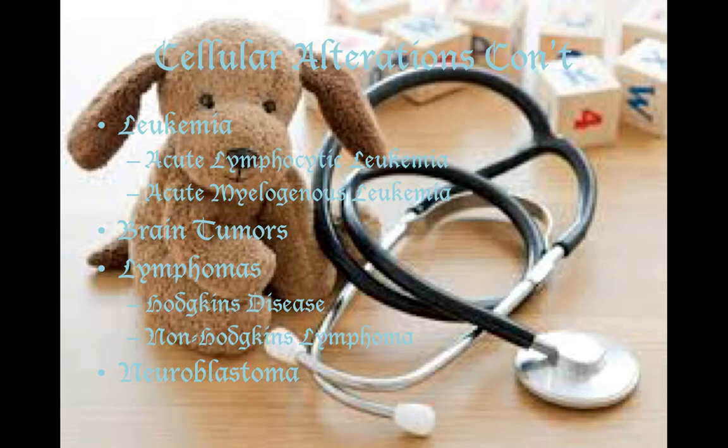Now we'll look at a couple of examples, and then we will cover the last few topics within cellular alterations. So when you're suspecting ALL, the child may exhibit a low-grade fever, painless cervical lymphadenopathy, and bleeding from the oral mucous membranes.